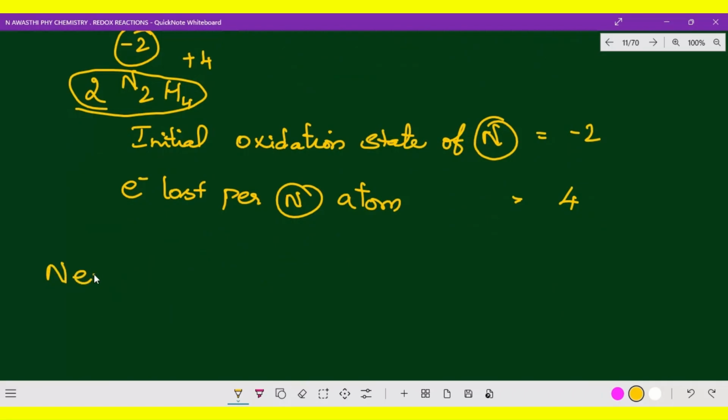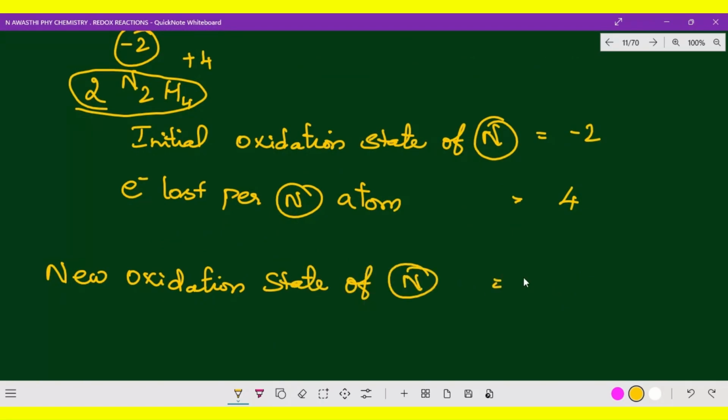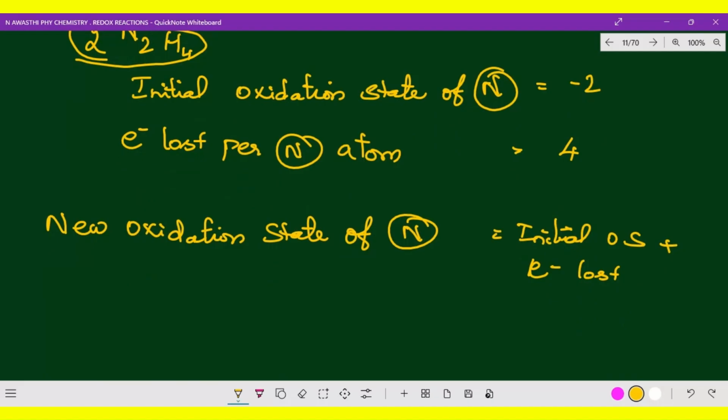Now we have to identify the new oxidation state of the nitrogen atom, that is what they are asking. So it is the initial oxidation state plus the electrons lost. This is minus 2 and this is plus 4, so minus 2 plus 4 gives altogether plus 2.